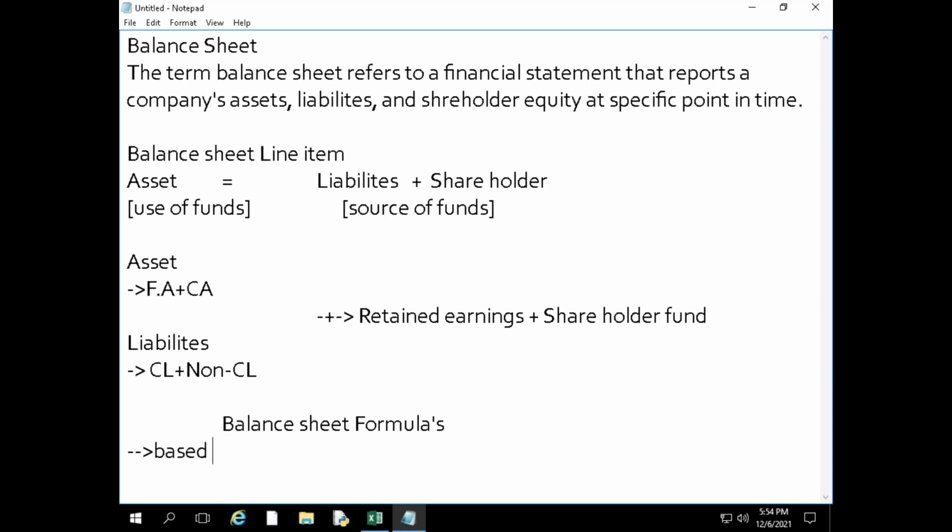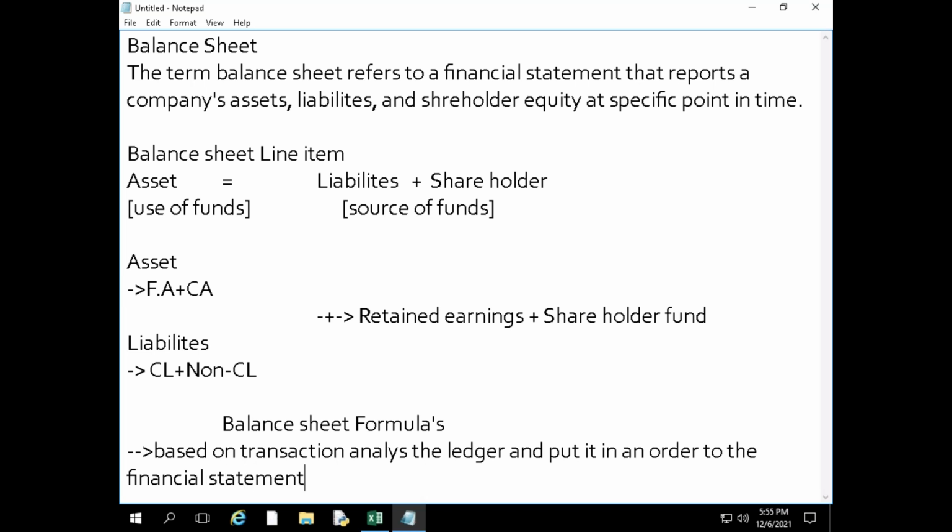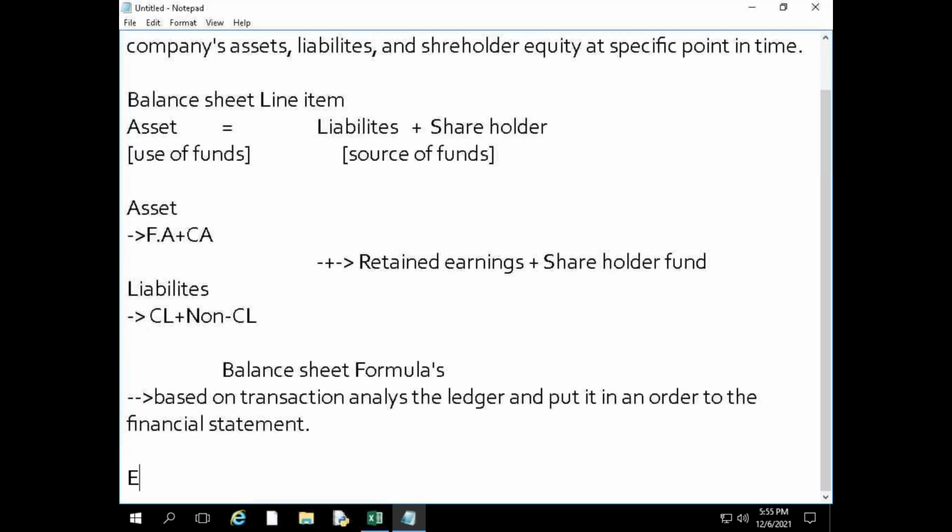See, it is mainly based on transaction analysis, to put it in order into the financial statements. For example, income statement, balance sheet, cash flow.